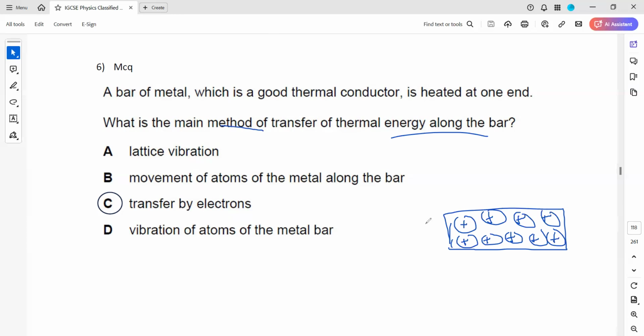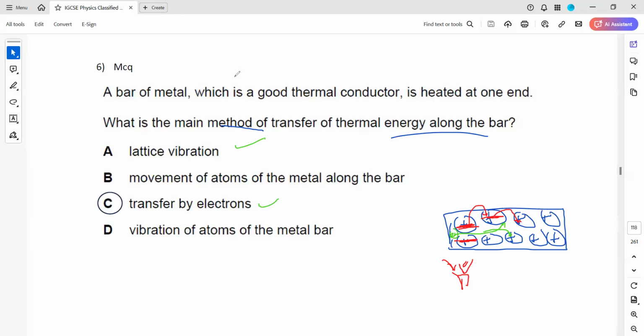So what happens in conduction? When we supply heat energy, we heat one part. This causes lattice vibration and transfers energy. There's also another method, because the electrons gain energy and collide with the lattice and transfer energy.